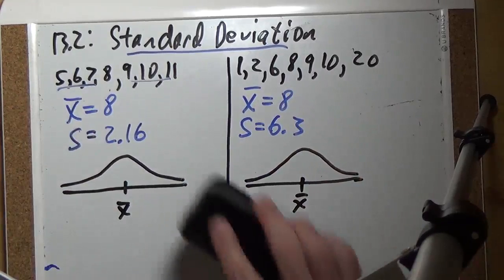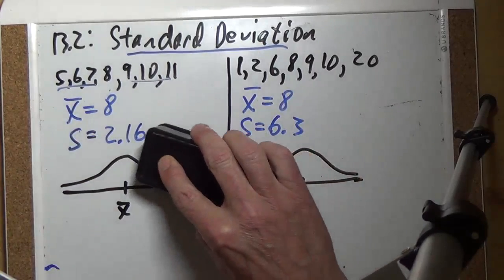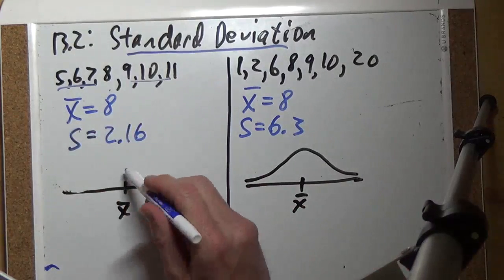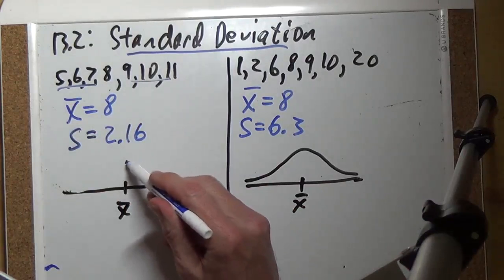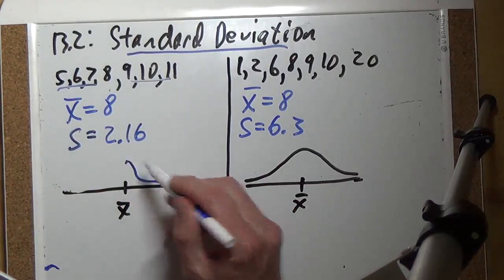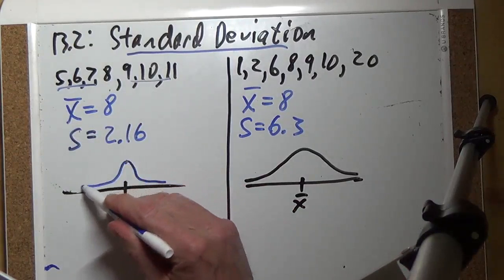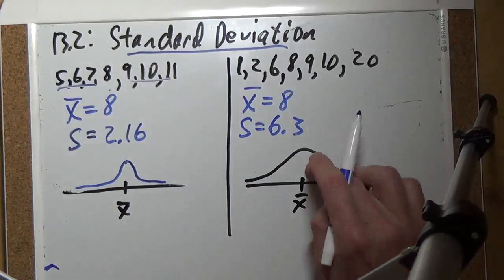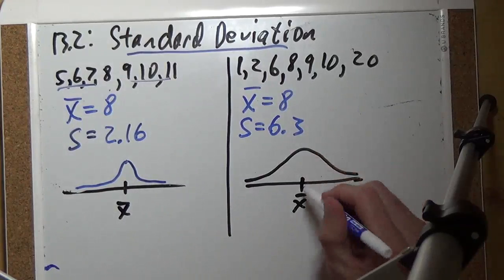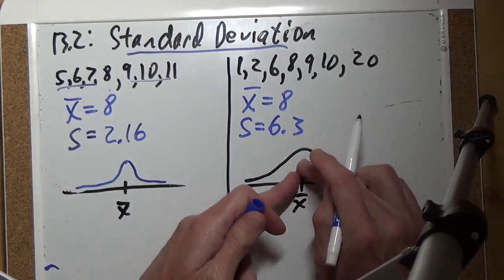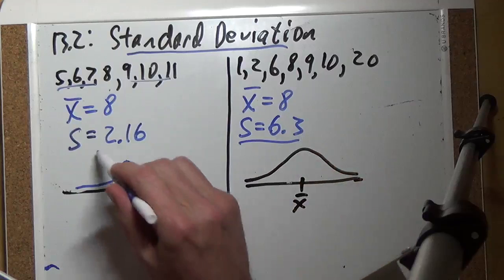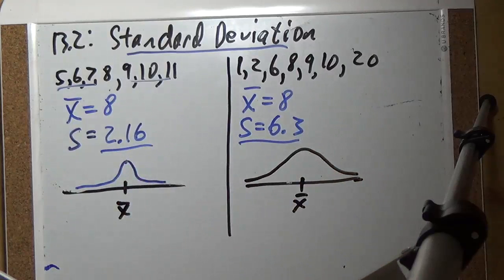So I'm going to redraw these normal distributions because this one doesn't have a very big standard deviation, meaning most of my data is clustered around the mean. So my normal distribution looks like that. This one's probably okay. Same mean, but see how it's more spread out? That's because my standard deviation is larger than that one.